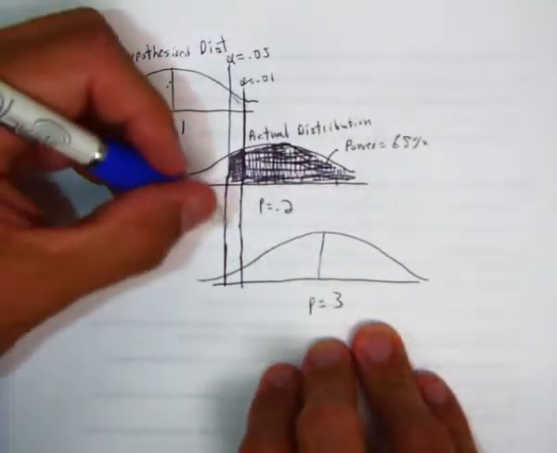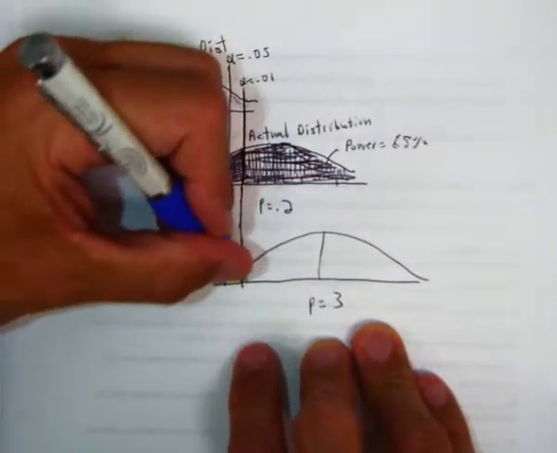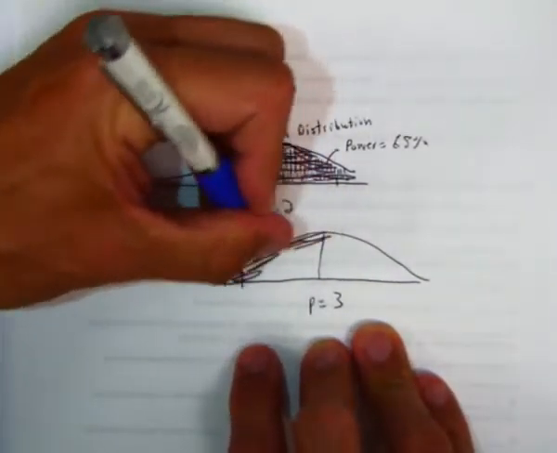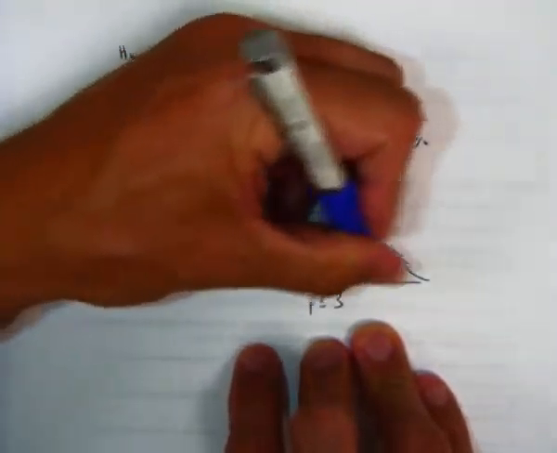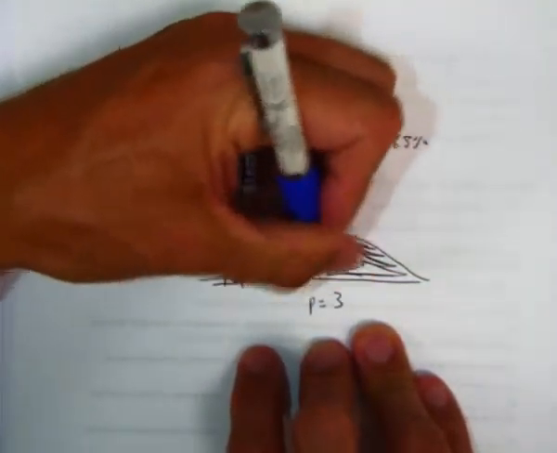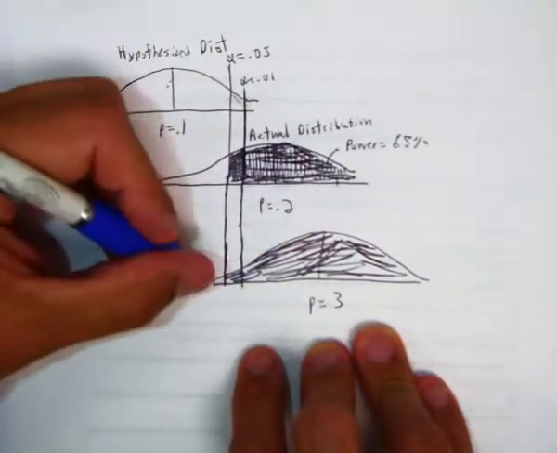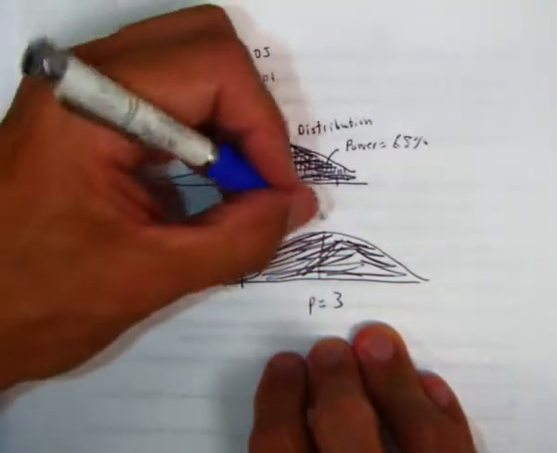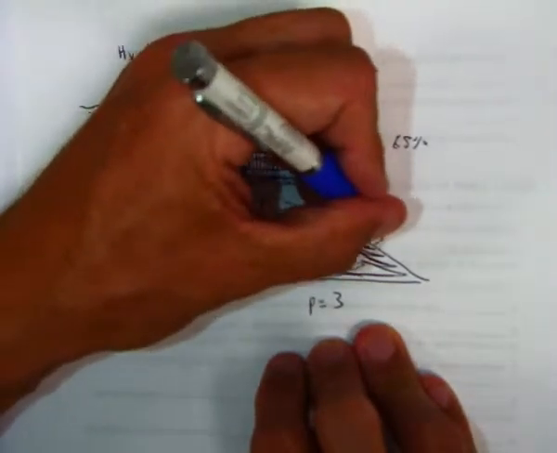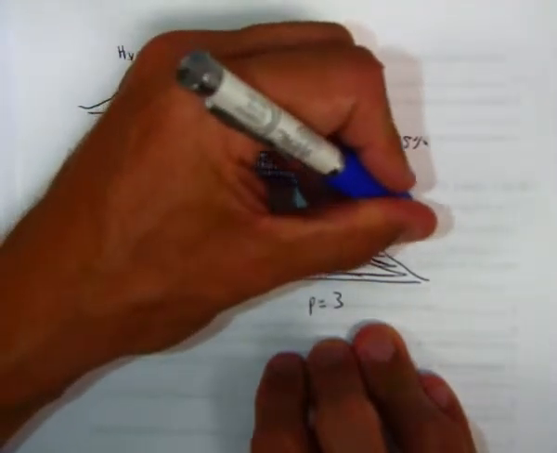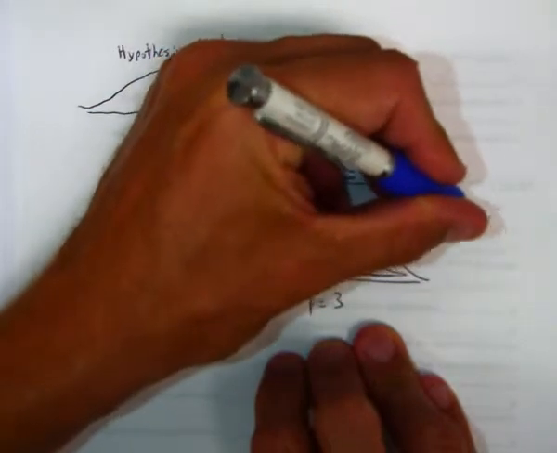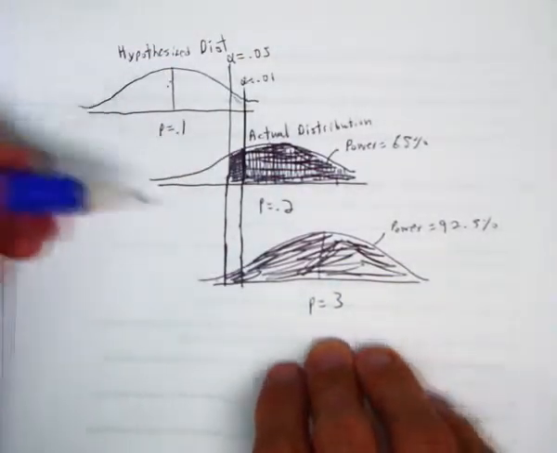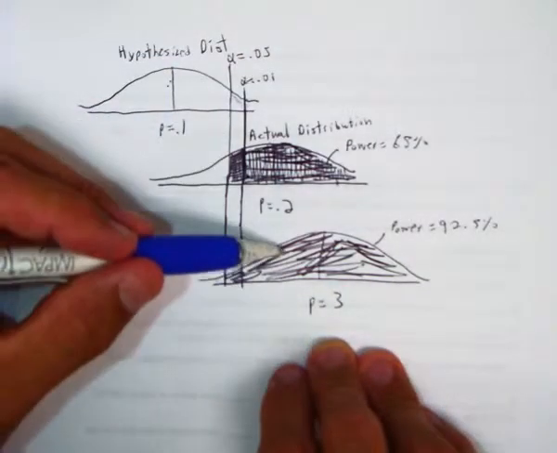But now this much is shaded. I'm going to say, I don't know what's over there, 2.5%, so the power is maybe 92.5%. Well, what's this an example of? This is an example of the defendant that's more and more guilty.